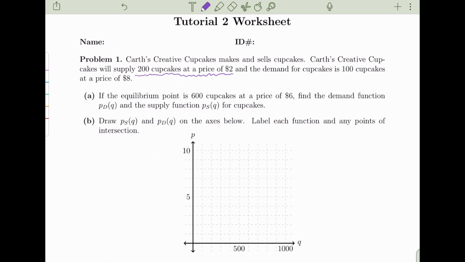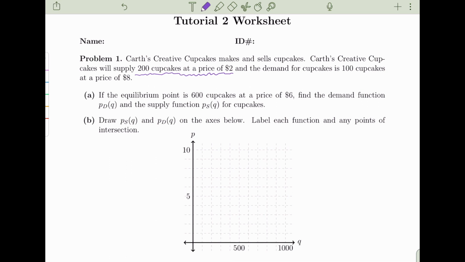Now, if we take a look at the coordinates here, the p-axis and the q-axis here. The p-axis here, it's the price axis, so it's like the y-axis, and the q-axis here is just like the x-axis, right?